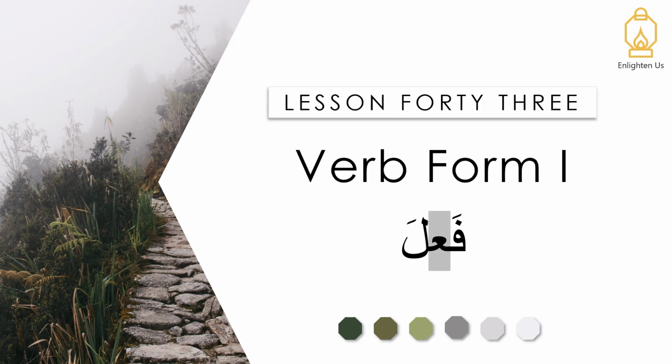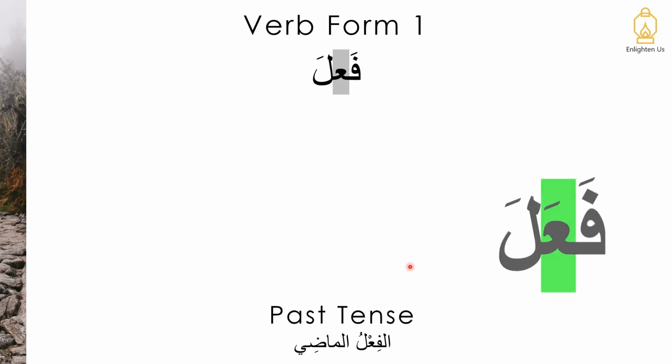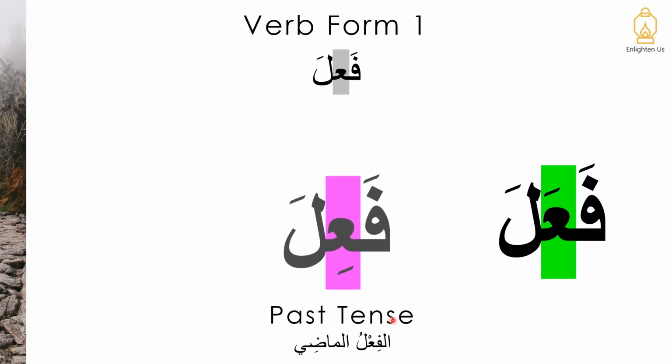You are joining us for lesson 43 and we have come back full circle to verb form 1, فعل. Now let's have a look at why. Now the secret here, if we have a look at the past tense, الفعل الماضي, lies in the عين.